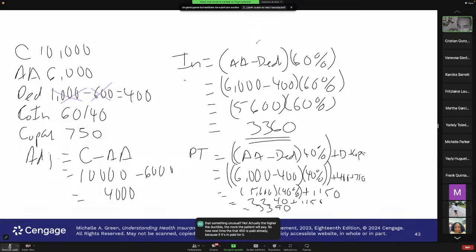So next time the deductible for that patient will be 0. It's covered, it's met. So when we say, has the patient met their deductible? Have they paid their deductible? Yes, no, or maybe.